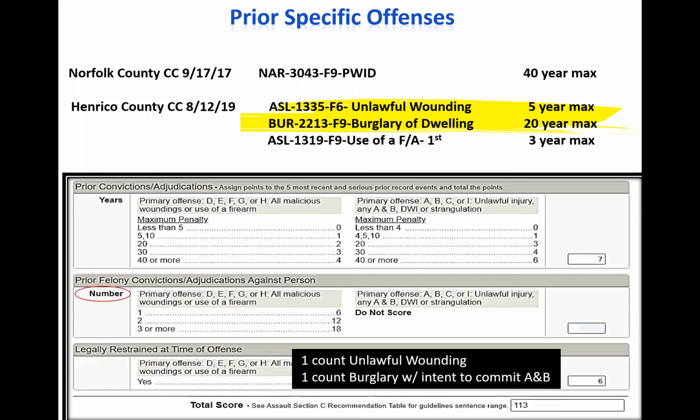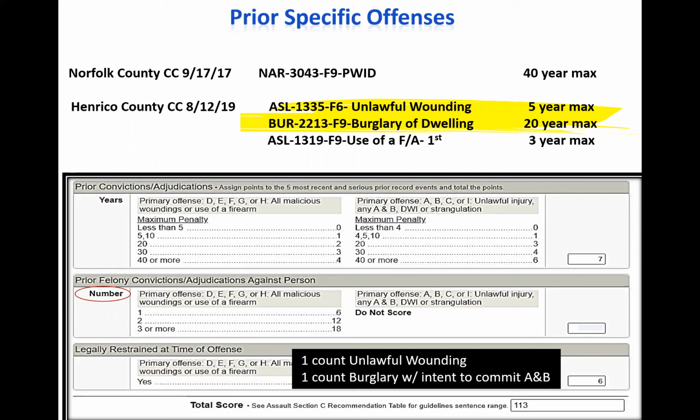When we go down to the factor, prior felony convictions and adjudications against a person, you'll notice on the far left-hand side it says number. Here we are to include the total number of counts from the defendant's complete criminal history.